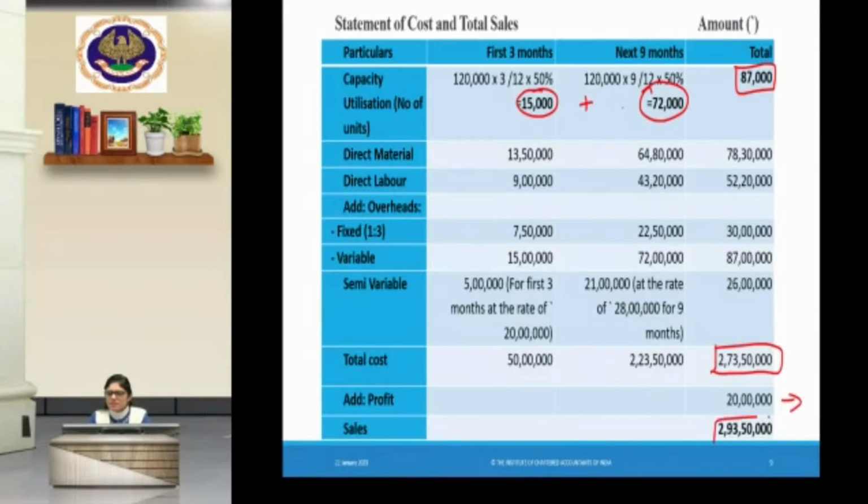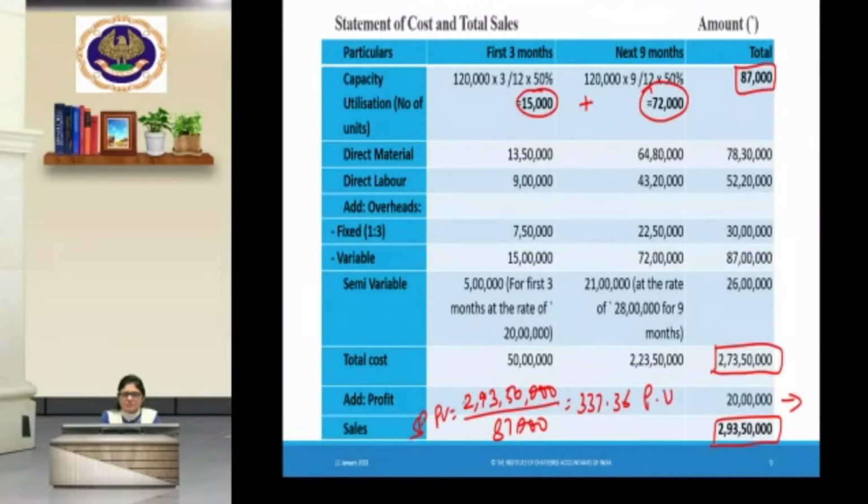So this is the total sales. Total sales divided by total units gives you the selling price per unit. So 2 crore 93 lakh 50,000 divided by 87,000, you will get 337.36 per unit. This is the selling price per unit. Take note of this question.